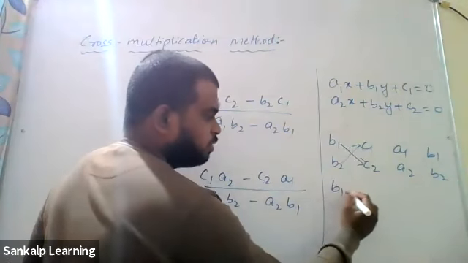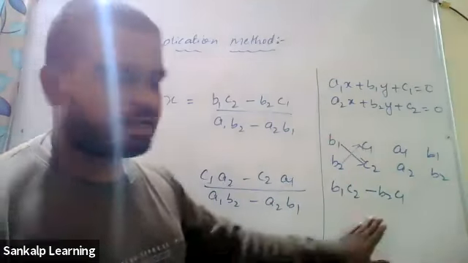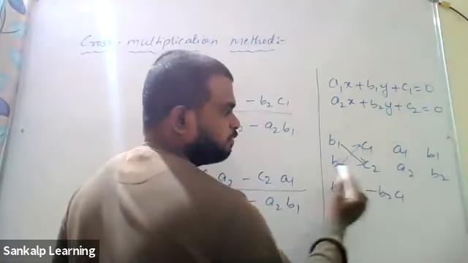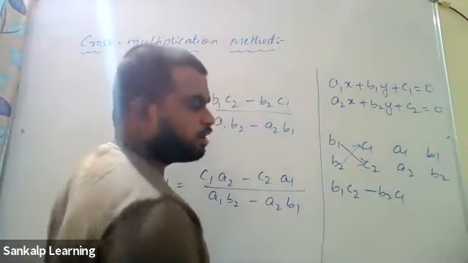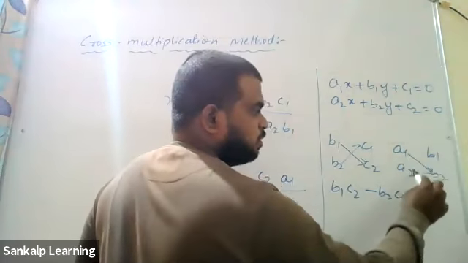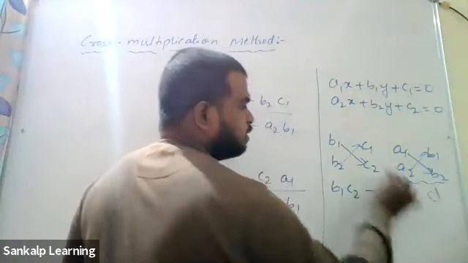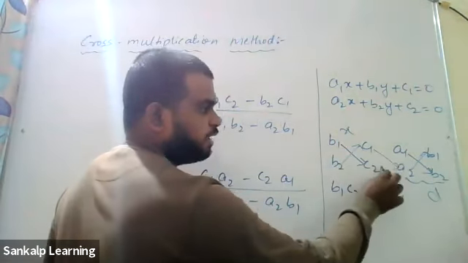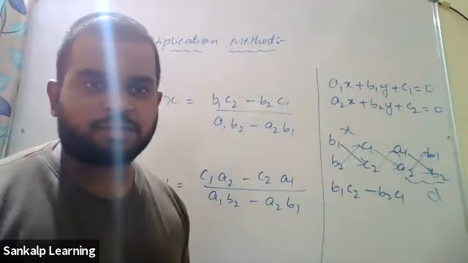B1 into C2 minus B2 into C1 gives you the numerator of x. The first two give the numerator of x. The last two give you the denominator of x: A1 B2 minus A2 B1. This is to find x. The middle part gives you y: C1 A2 minus C2 A1. That is why you get the name cross multiplication.